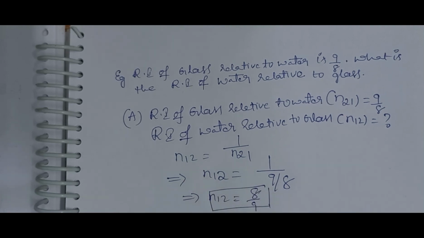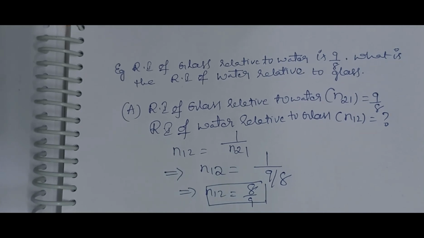So relative refractive index is nothing but comparing the refractive index of one medium with another medium. n21 means comparing the refractive index of the second medium with the refractive index of the first medium. n12 means comparing the refractive index of the first medium with the refractive index of the second medium.